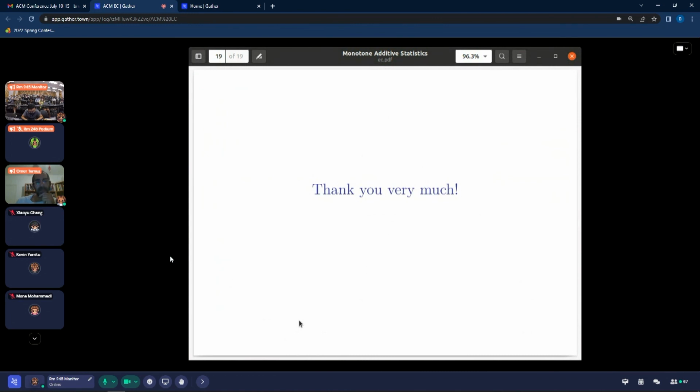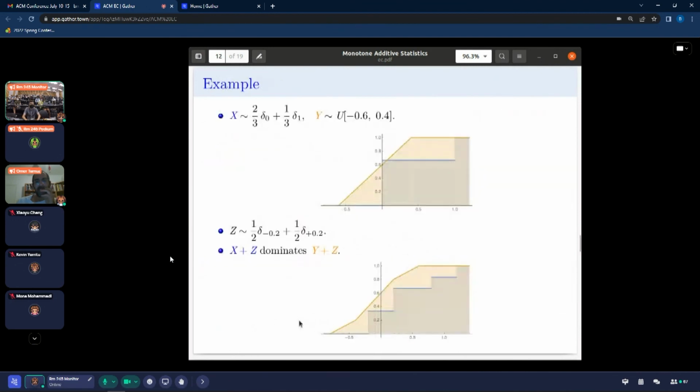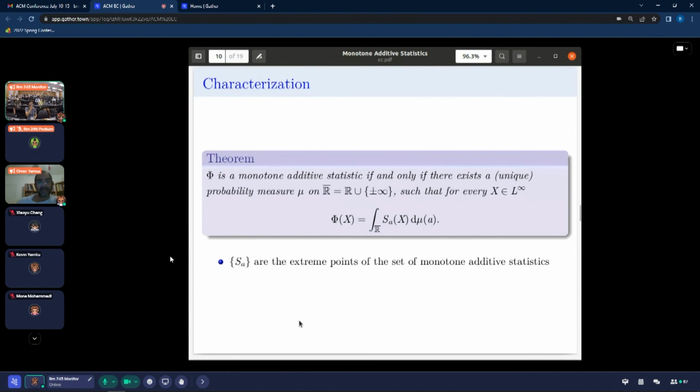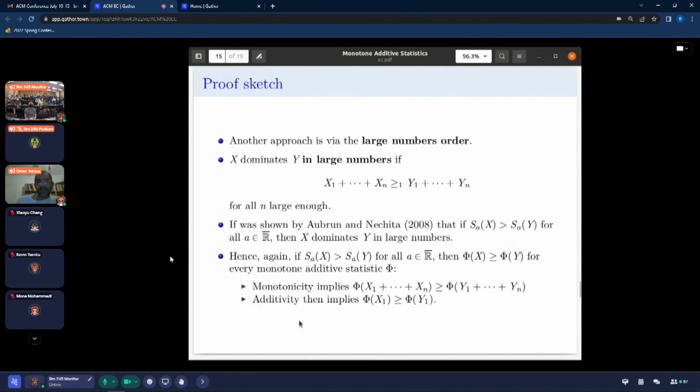So for vector valued random variables, you still have these cumulants S_A. A is now a vector. And I'm wondering if you know of a similar decision theoretic characterization of the convex hull of the S_A's. So this is our next paper that we hope to release soon.